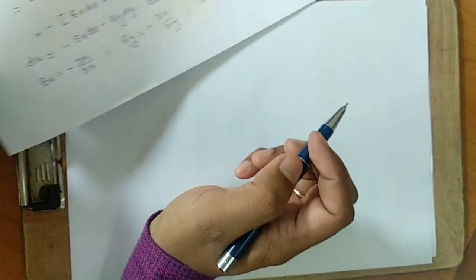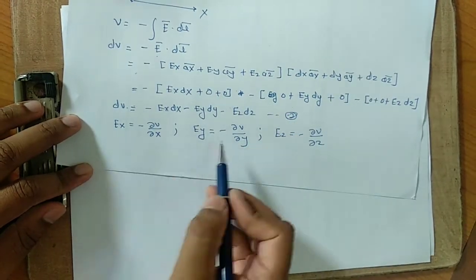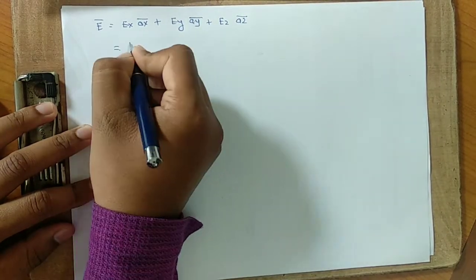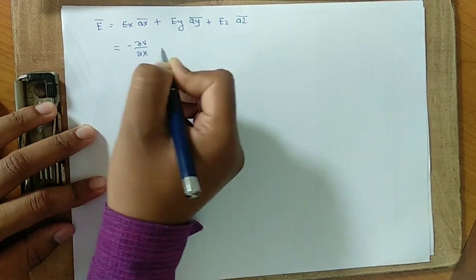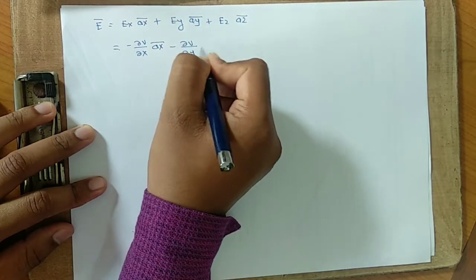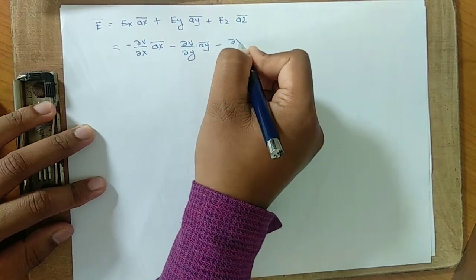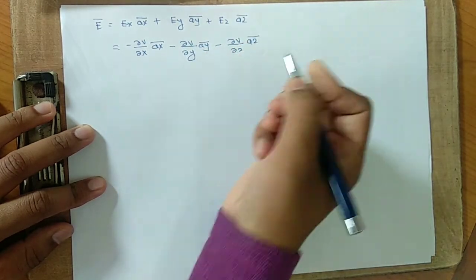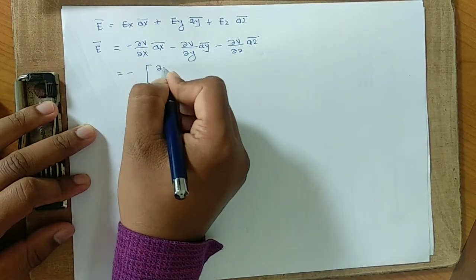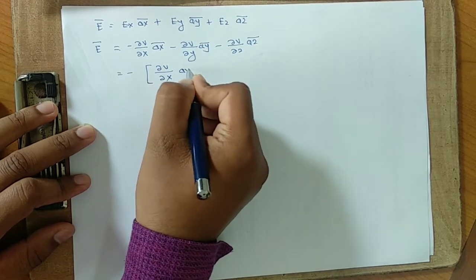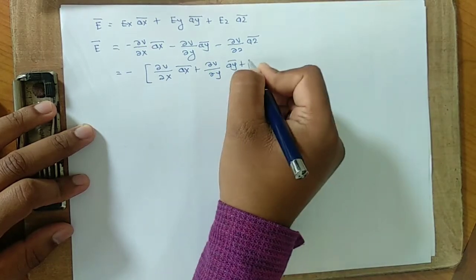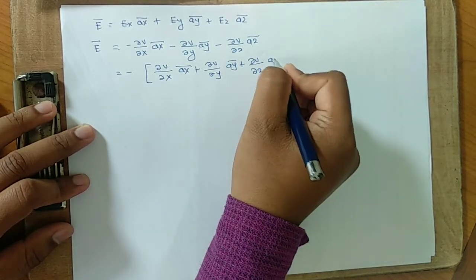So E bar is equal to, Ex value is minus del V by del x, ax bar, minus del V by del y, ay bar, minus del V by del z, az bar. So that is E bar. I will take the minus sign common, and what remains inside the bracket is del V by del x ax bar, del V by del y ay bar and del V by del z az bar.